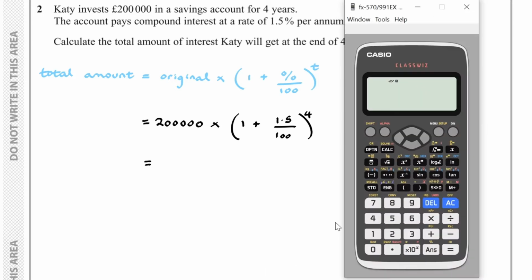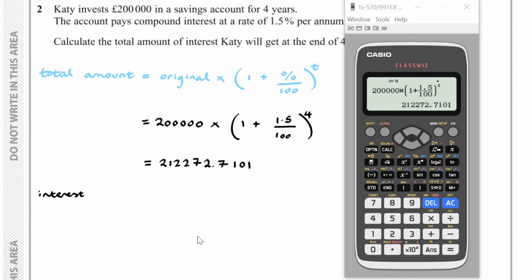So if we work this out, 200,000 multiplied by 1 plus 1.5 over 100 to the power of 4, it turns out we get 212272.7101. Okay, and therefore the amount of interest that's accumulated, we subtract off 200,000 from this.